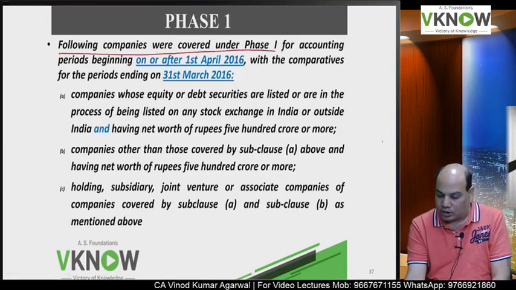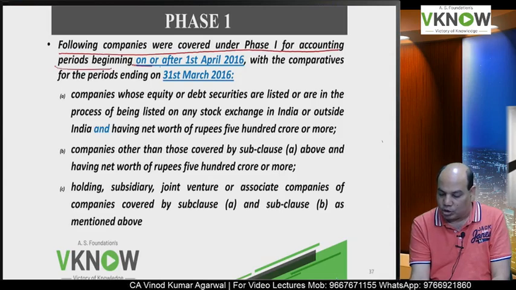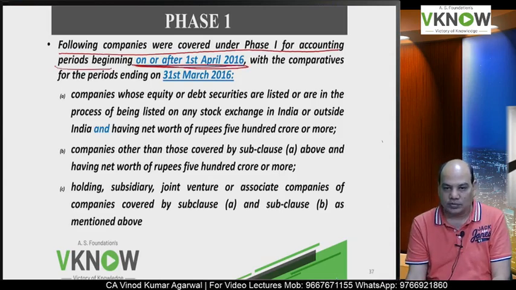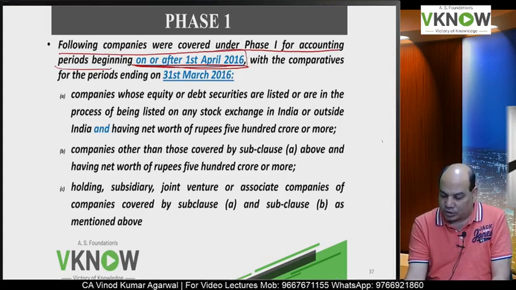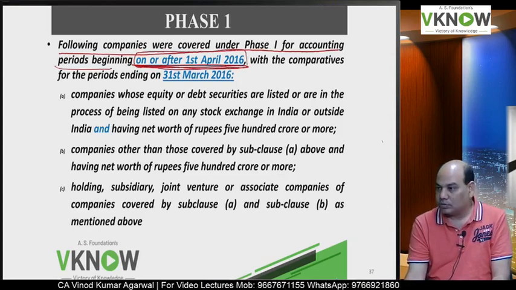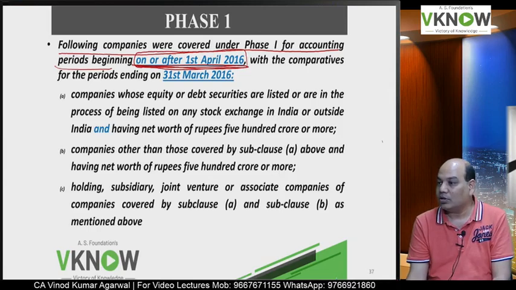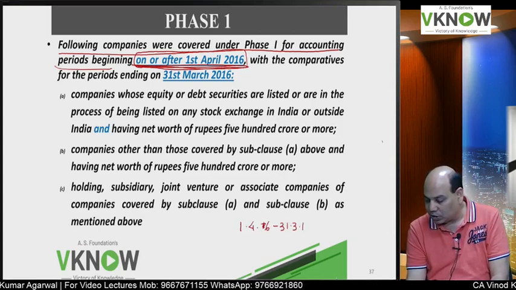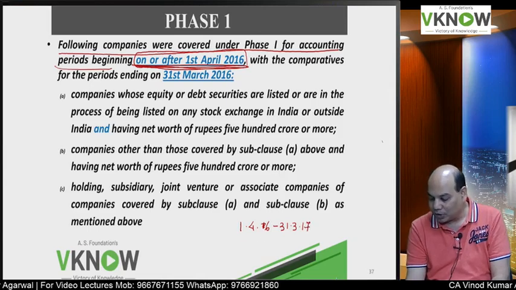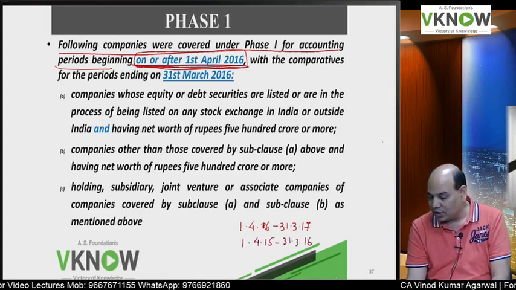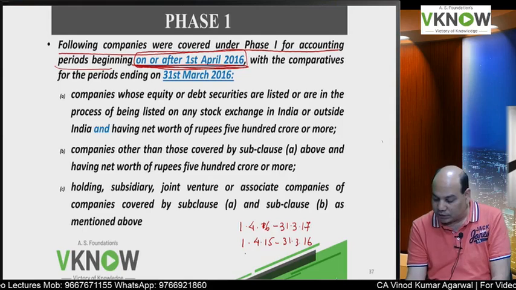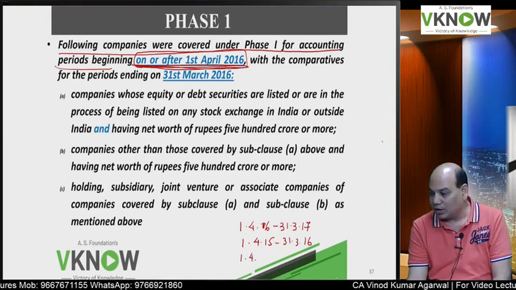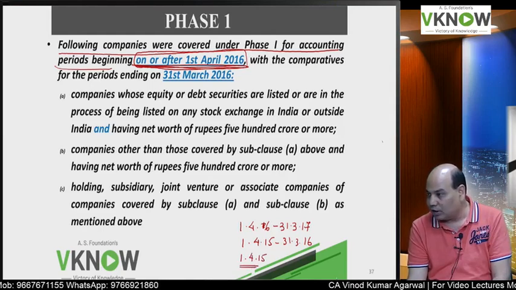Following companies were covered under phase 1 for accounting period beginning on or after 1st April 2016. That means in India, Ind AS actually started from financial year starting on 1/4/16, but that is not enough. The year ending date for this will be 31st March 17, but for comparison purpose, you have to also give a financial statement of 15/16, plus in the first year when you apply Ind AS, you have to give one opening balance sheet also.